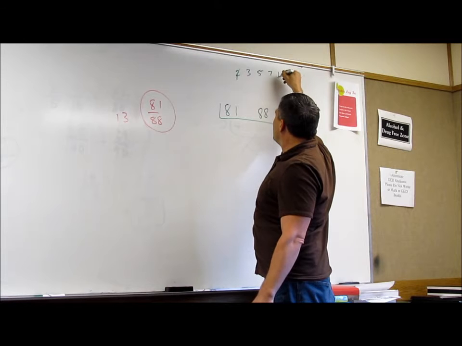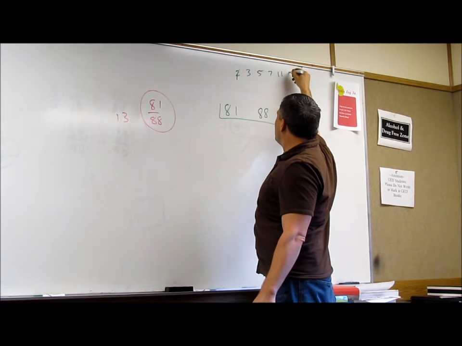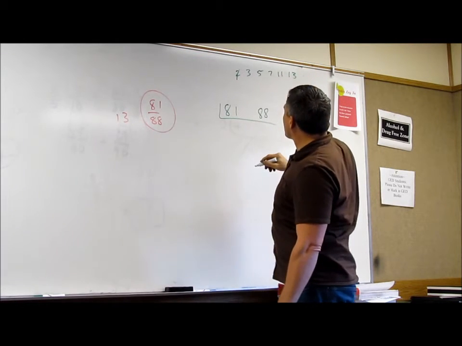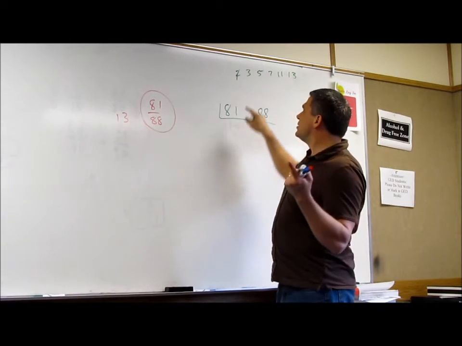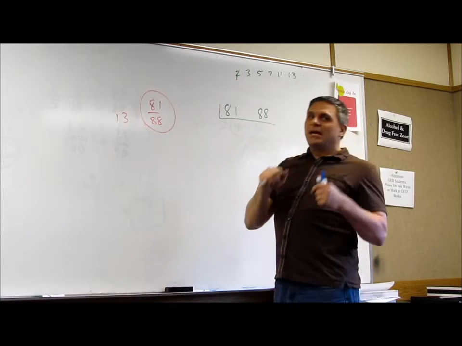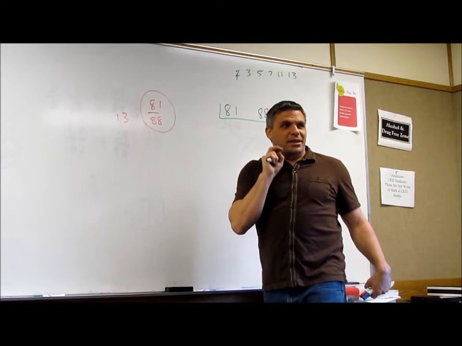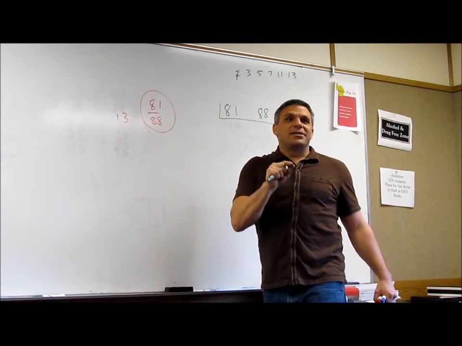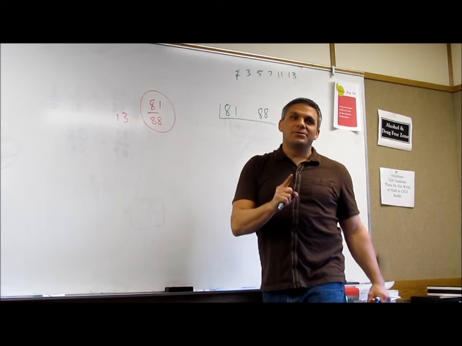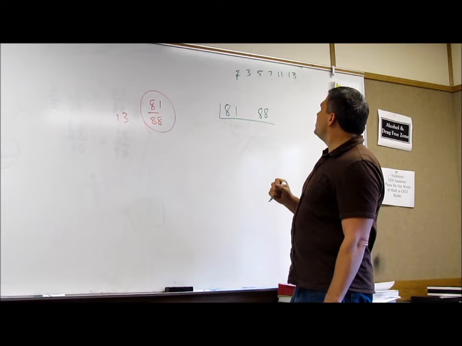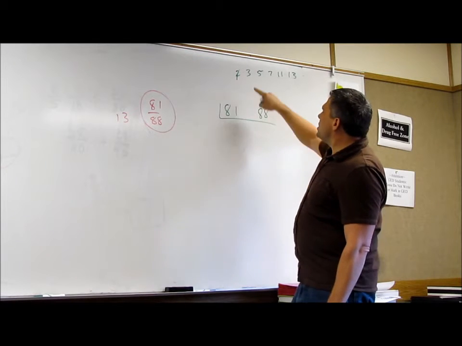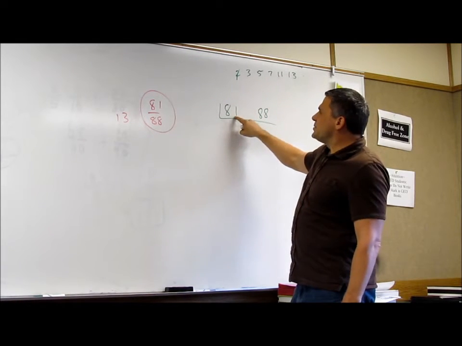Not 11. 13. Good. How come 9 ain't in there? Ah, because what goes into 9? Oh, 3. It's not that they're odd, it's that they're prime. No other number goes into them except themselves. That's the definition of a prime number. So I checked 3. Well, what's 8 plus 1?